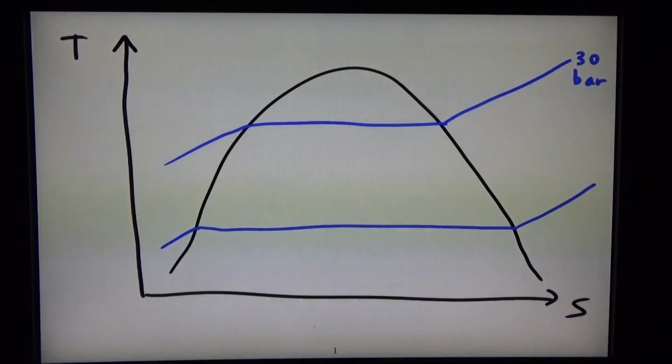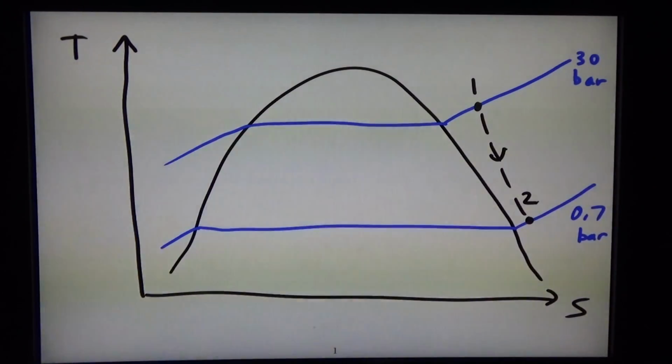Final pressure was 0.7 bar. Our initial state was a superheated vapor at 30 bar, and our actual exit state was at 0.7 bar. It was superheated. So it looks like this, and this would be the actual process 1 to 2.